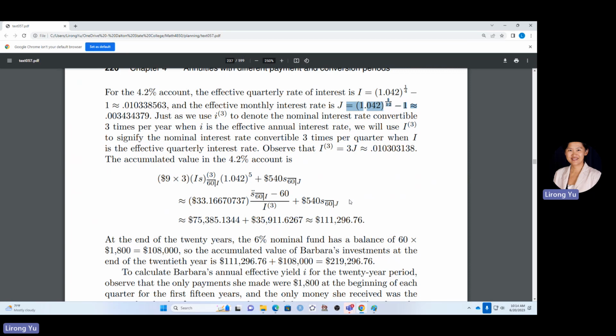And the first calculation is i, a quarterly interest rate. So you calculate the quarterly interest rate with the 4.2 being the annual interest rate. That's the calculation for i. Now for this part, if you look back at the previous section, for IS, we have a formula for IS in chapter 3.